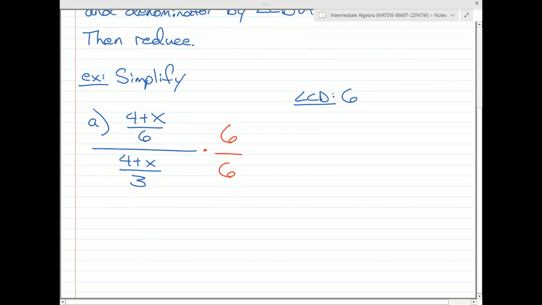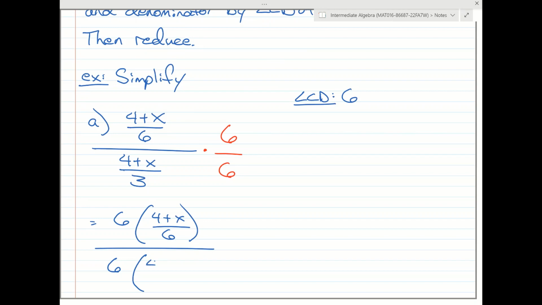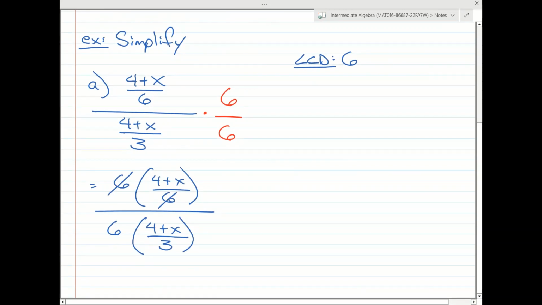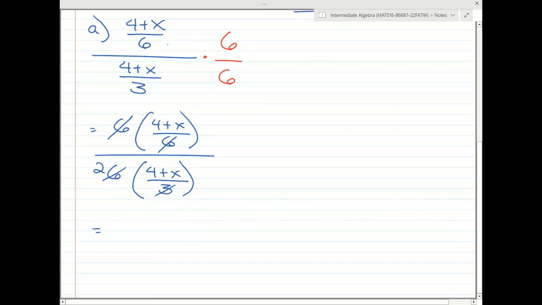If you do that, let's see what we get here. We get 6 times 4 plus x over 6 divided by 6 times 4 plus x over 3. These 6's cancel. 3 goes into 6 twice, and we're just left with 4 plus x over 2 times 4 plus x.